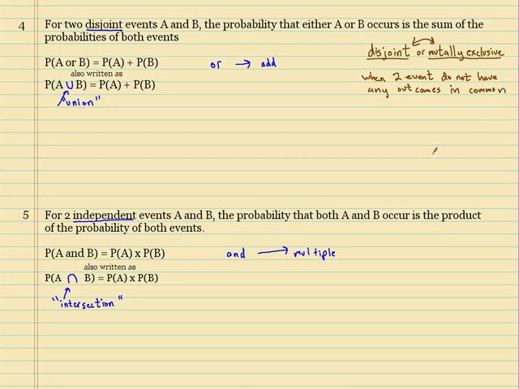So if you remember this, you add with these ors. Whenever you see an or problem, or sometimes either A or B happening, you sum the probabilities of both events.